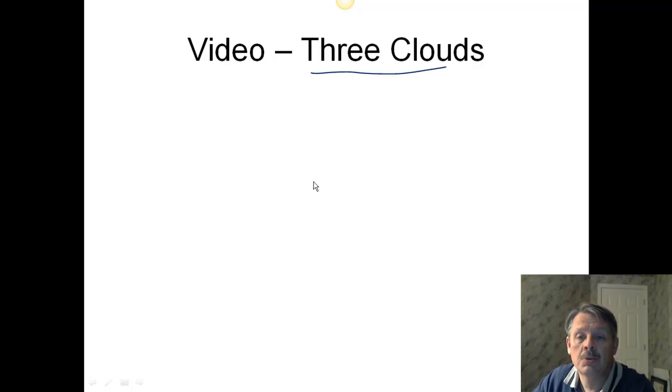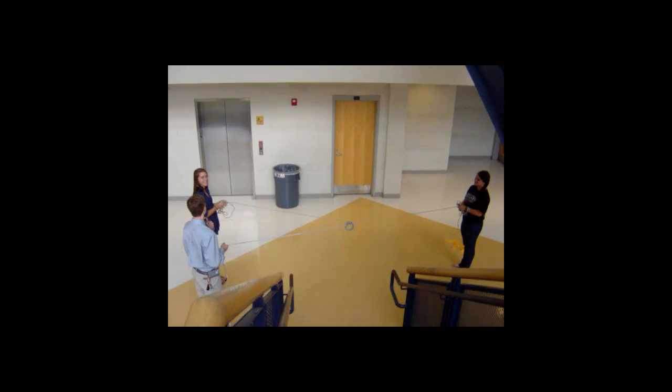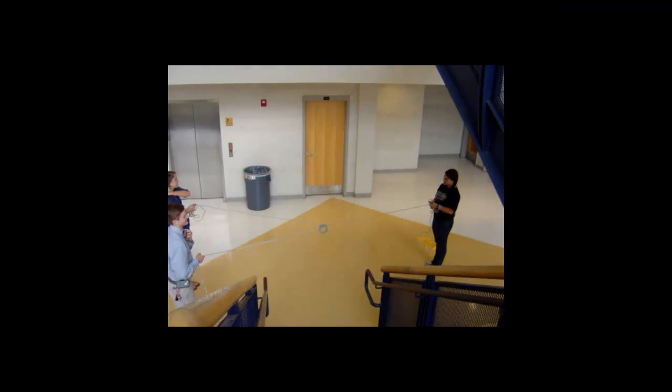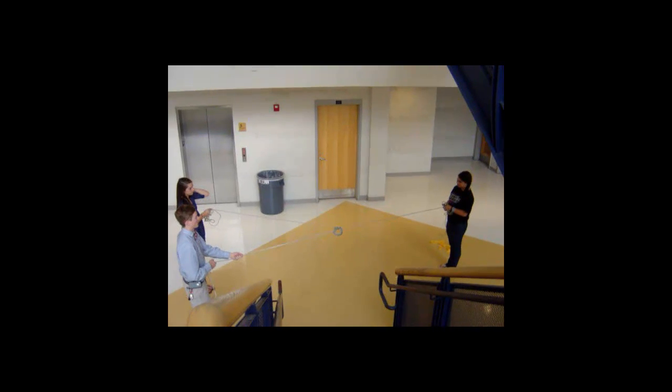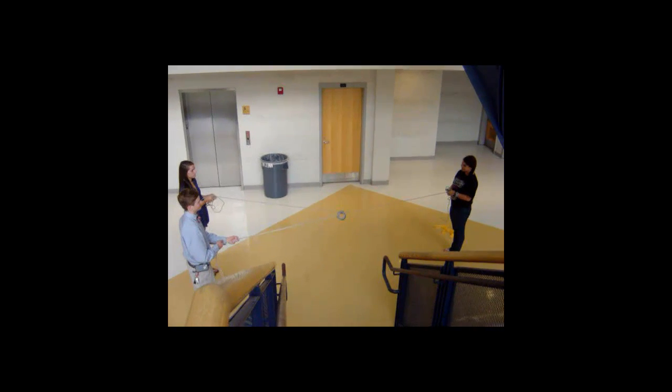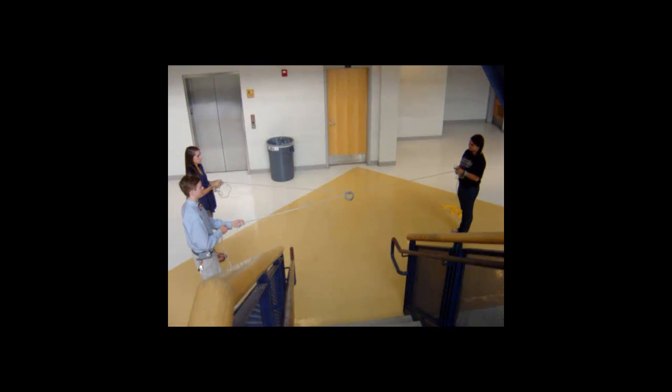All right, well, here's a video when you get up to 3 clouds. So go ahead and watch this one. All right, so now we have one central atom, and we have 3 other atoms around that central atom. So now what has to happen is these 3 atoms need to get as far away from each other as they possibly can. Sarah, you need to move to your left.